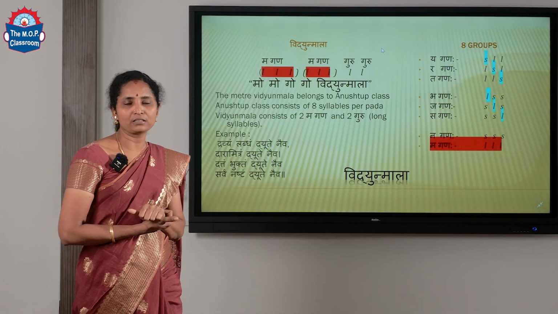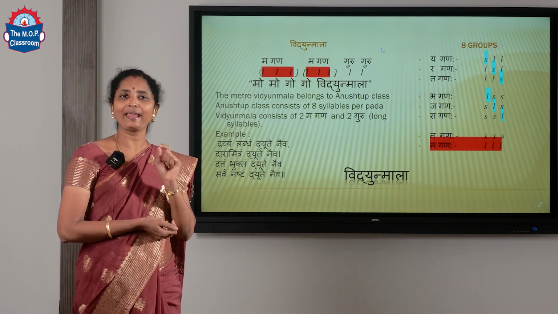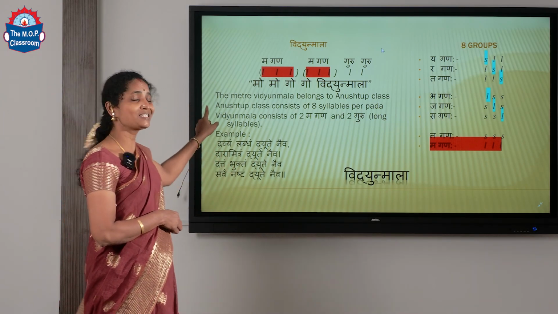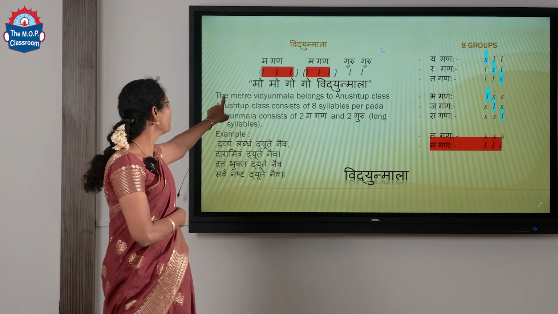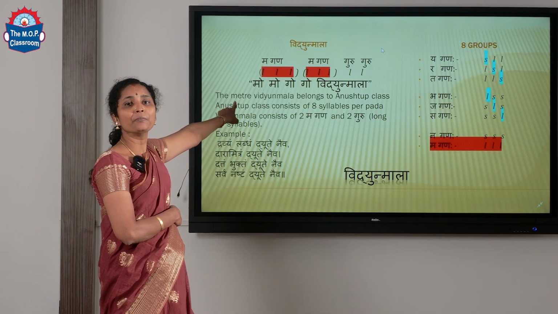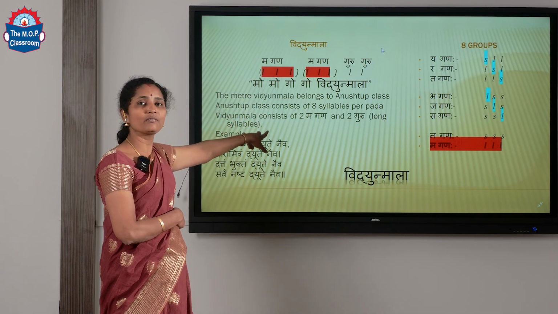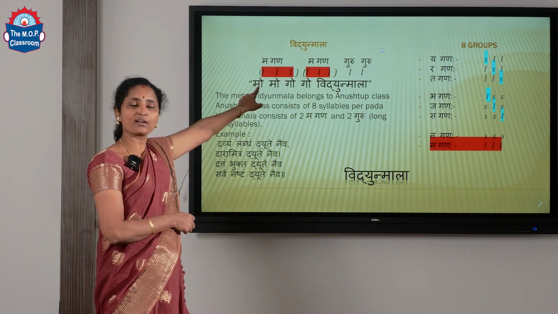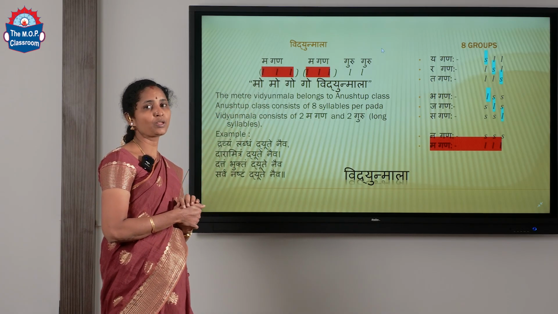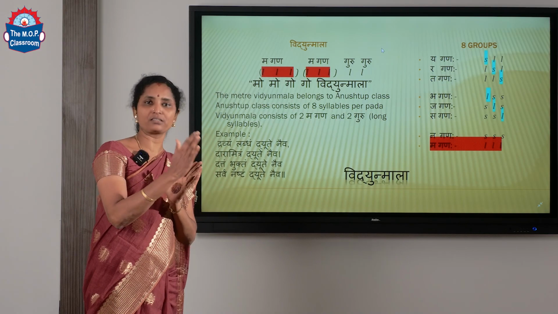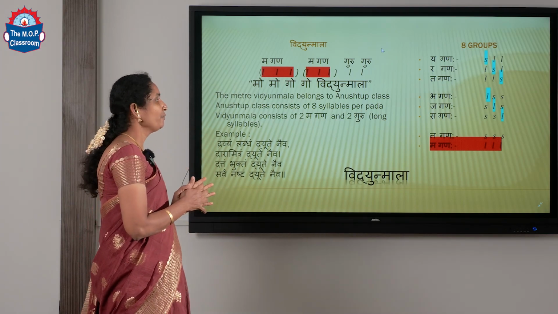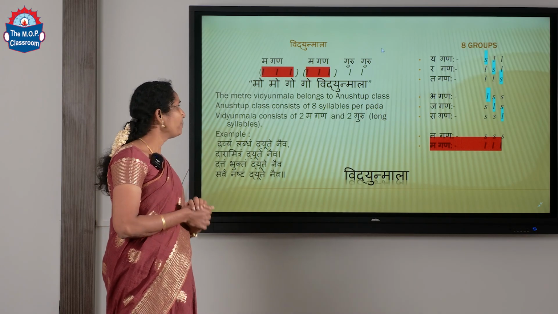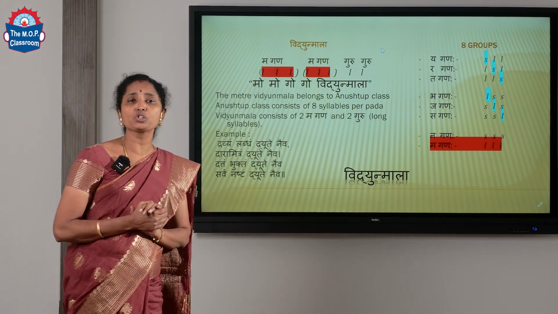This Vidyunmala meter is consisting of 8 syllables per padam, and the first 3 syllables will have Maganam, and the next 3 will also be composed in a group, long vowel, long syllable, and again a long syllable. So if it is composed in this pattern, then we call it as Vidyunmala meter. It belongs to the Anushtup group, Anushtup Chandaha.